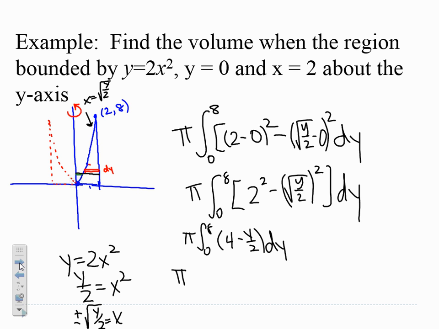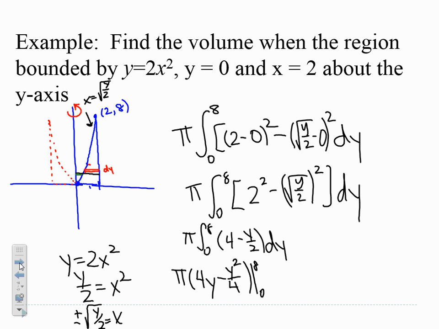So pi times 4y minus y squared, because it's 1/2 times 1/2 y squared.